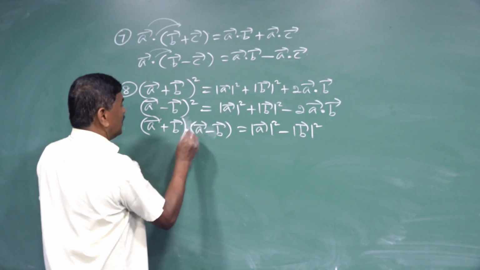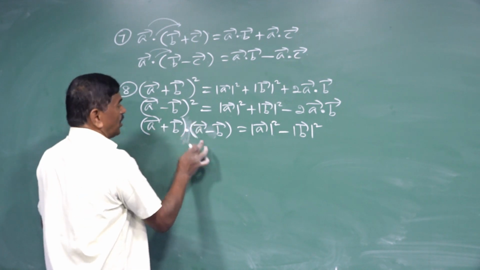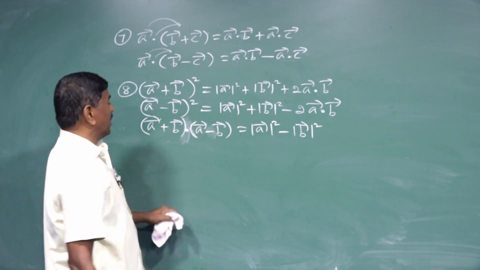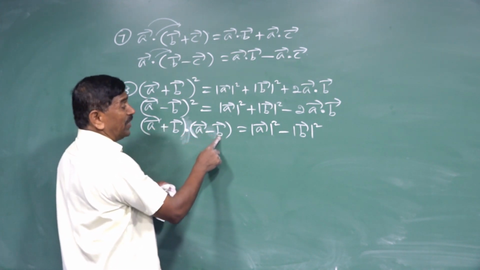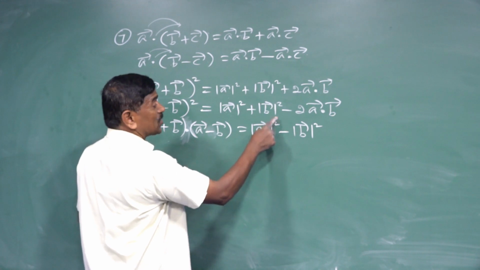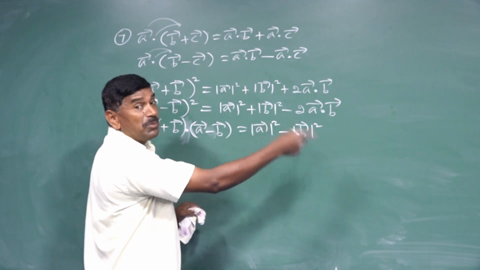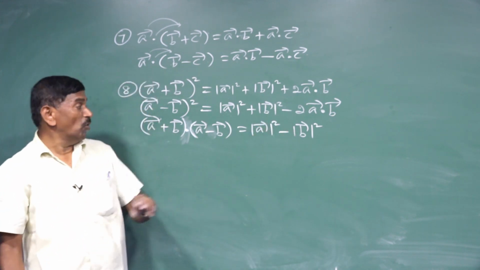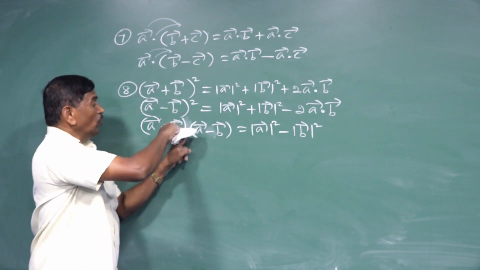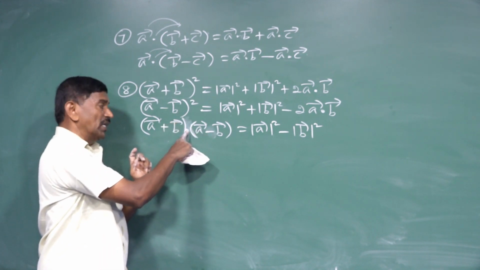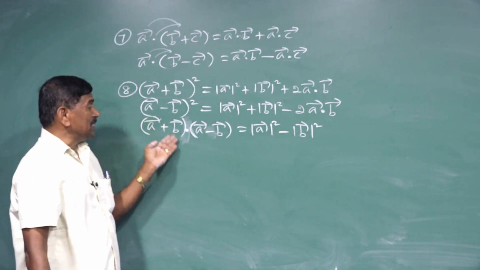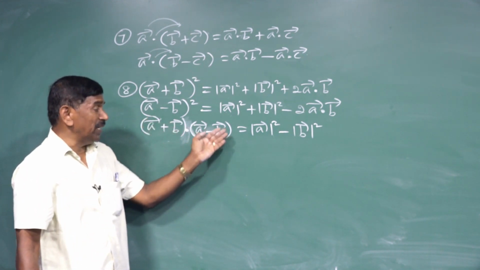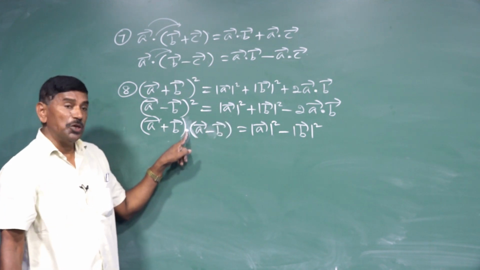A vector plus B vector dot A vector minus B vector is equal to modulus A vector square minus modulus B vector square. Already I told you, between two vectors we need a relation, so that is the dot product. Simply writing A vector plus B vector into A vector minus B vector is meaningless. This middle dot only gives meaning.